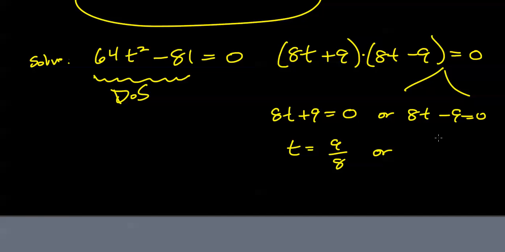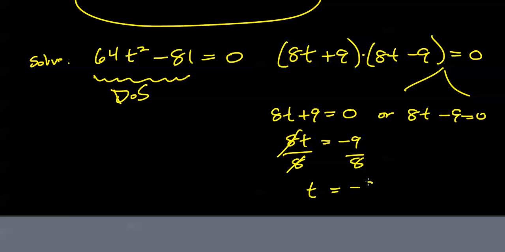Or if 8t, hang on, I made a mistake here. Let me grind this out since I made a boo-boo. If I subtract 9 from both sides and then divide by 8, as in chapter 2, I get t equals negative 9/8 as a solution for t.